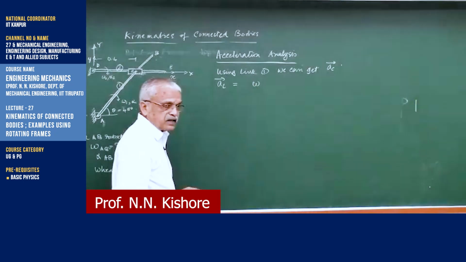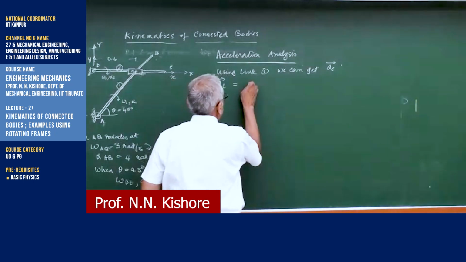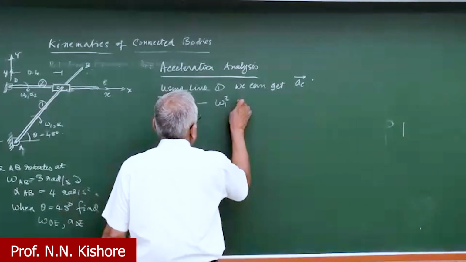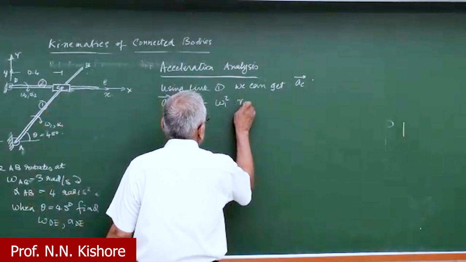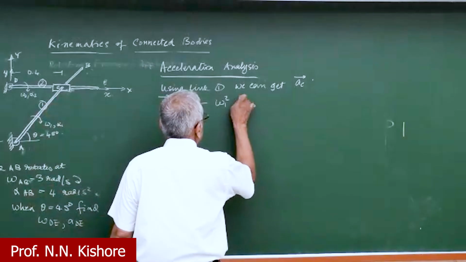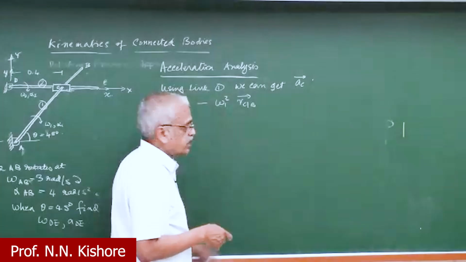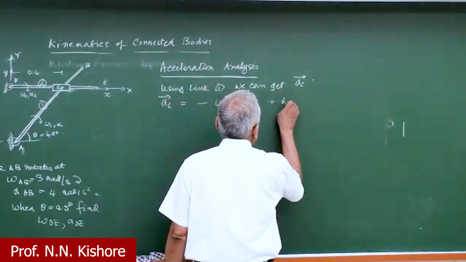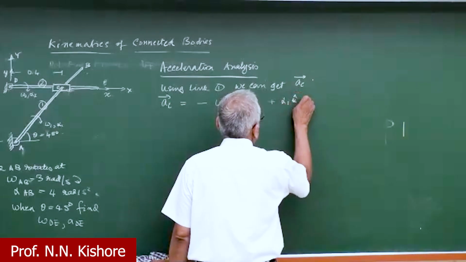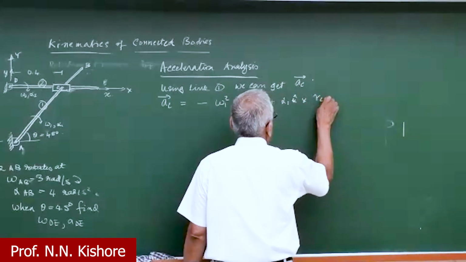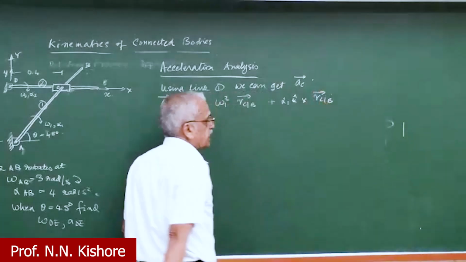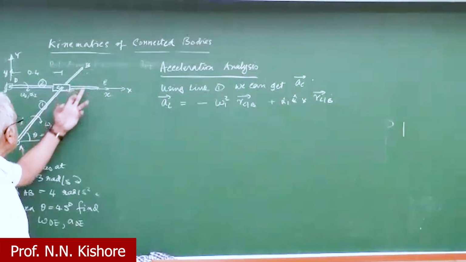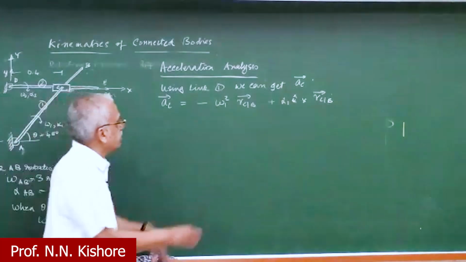Can I put it directly now? So I'll put it as minus omega 1 square r CB, or C with respect to B, right? So what is this? This is the normal acceleration, plus alpha 1 K cross CB. This is the tangential acceleration. So C is fixed on the link AB, okay, so that's why we got this.